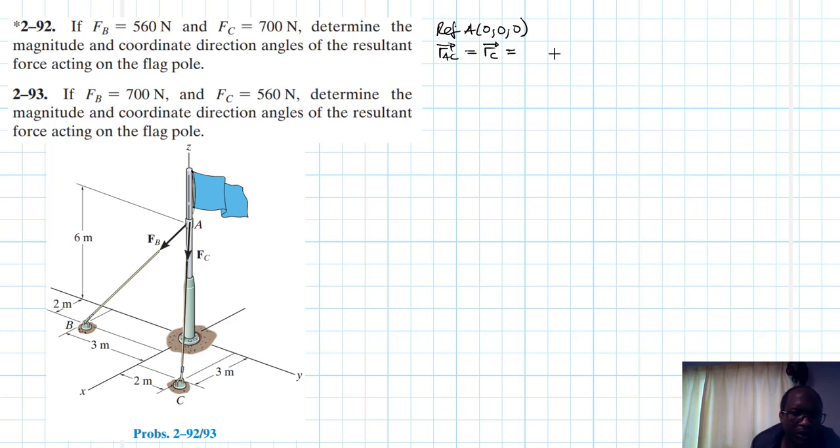what are the coordinates in the x direction? It's 3i. Here we are going to solve this by using both the scalar and the vector analysis methods. 3i, the y is 2j, and then the z is minus 6k.